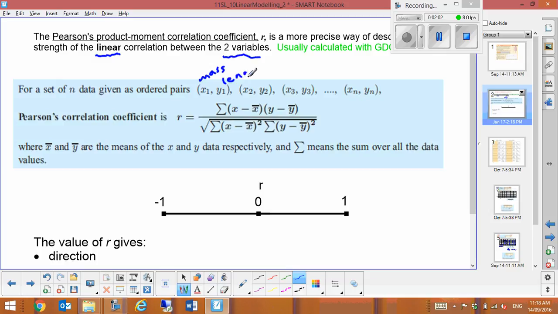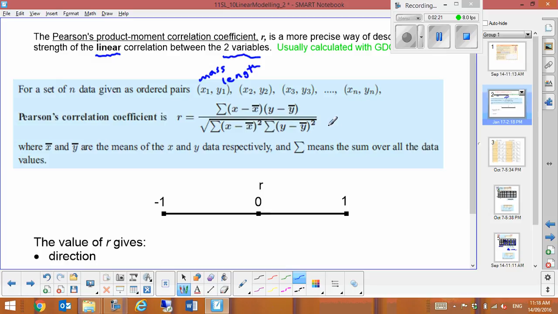So that means we've got a whole lot of different data pairs, N or however many that is. Then what we do is we calculate the average for the mass, the X values, and the average for the Y values, the length, and we do this calculation with it.